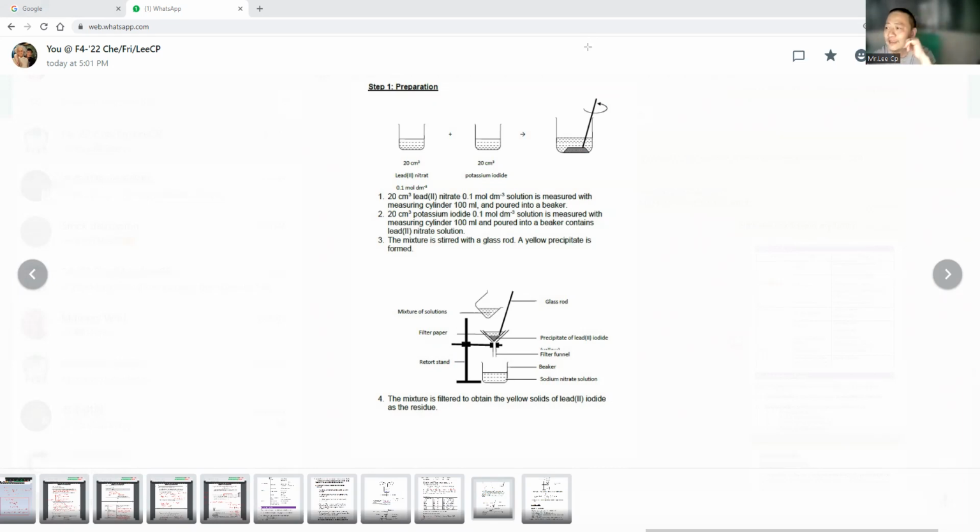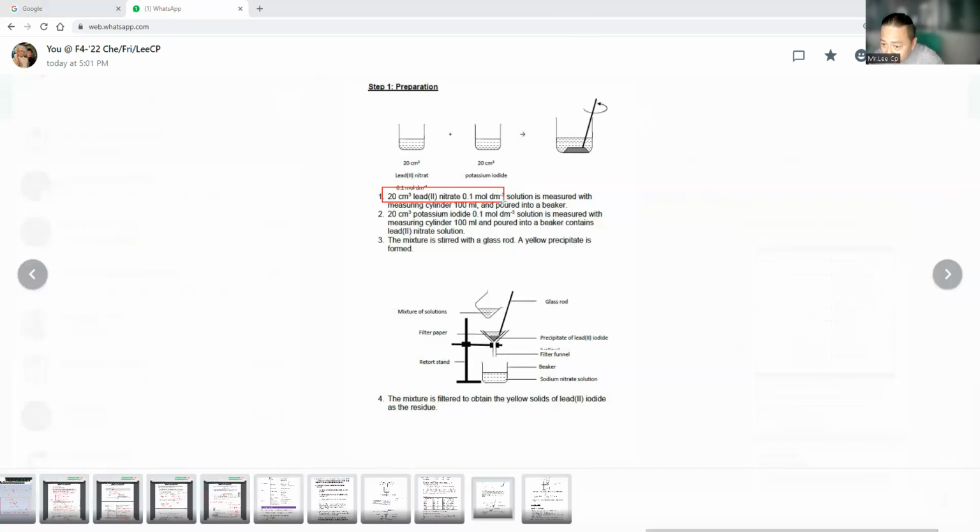Last year it was biology, last year's SPM, this year's SPM balloon, and this year's mock exam is biology also. So we don't know whether it is physics. When I prepare my physics students, I also ask them to memorize it. You have to memorize it, but don't take it hard, just take it easy.